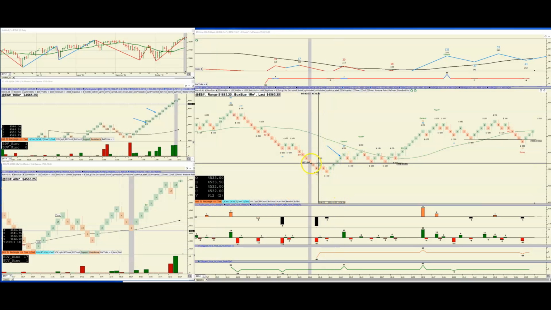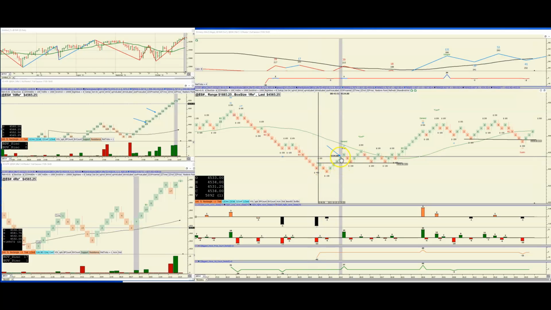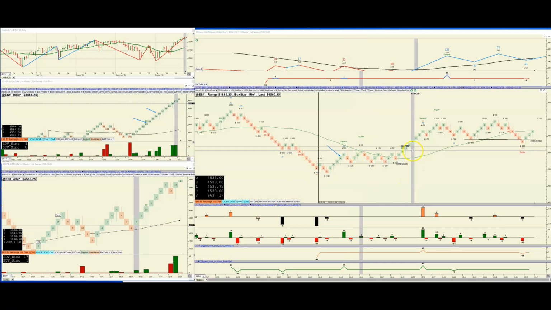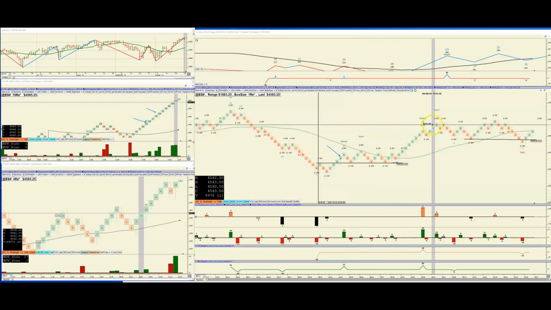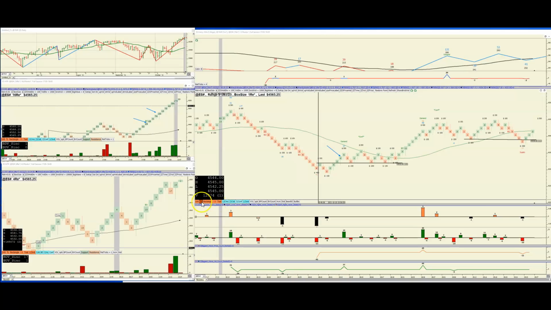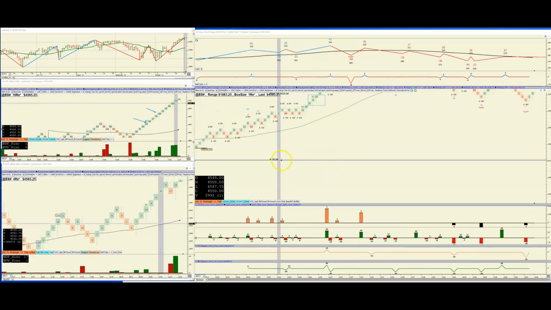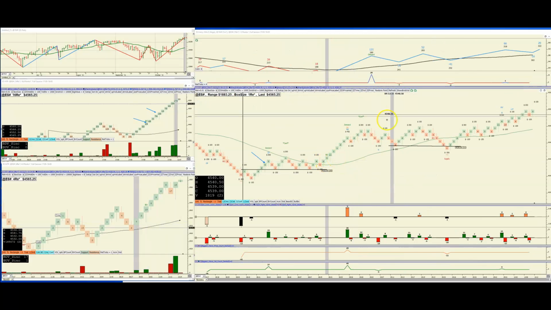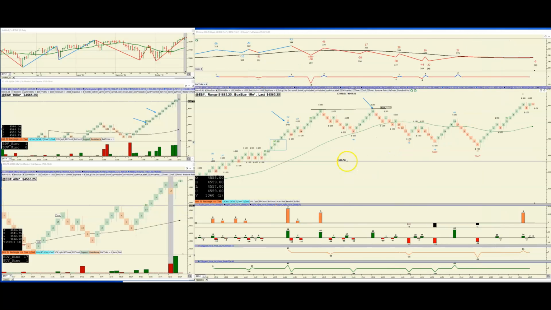Against this area and this high, it broke out and then tested the breakout, making a higher high. So this was your springboard, and it looks like a springboard too. This is a wedge or whatever you want to call it, and it set up the move.